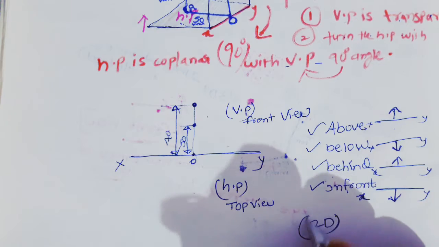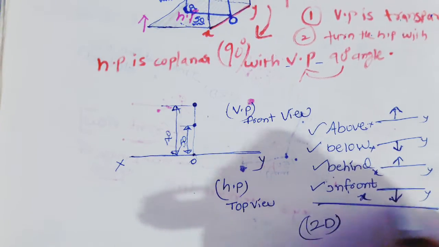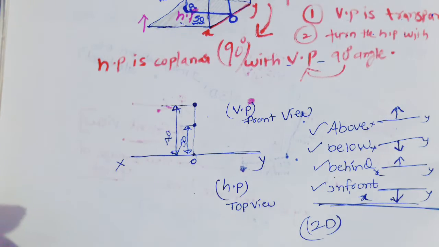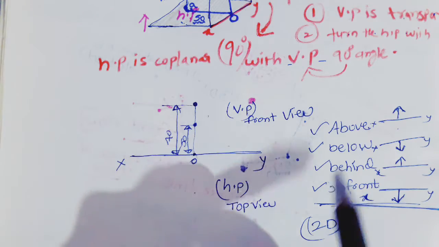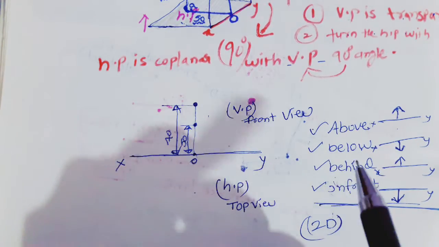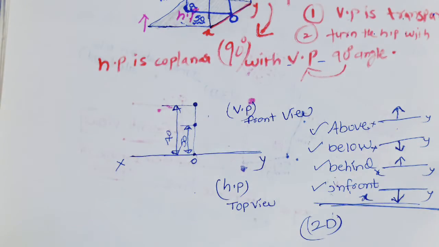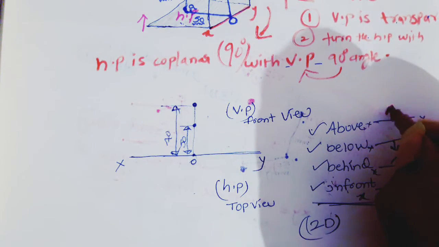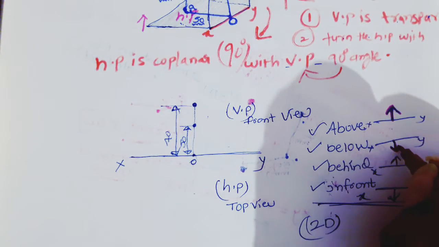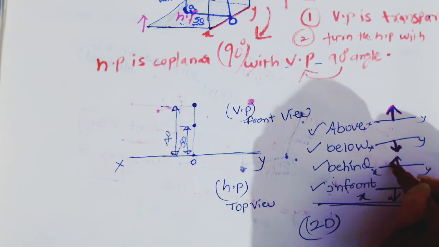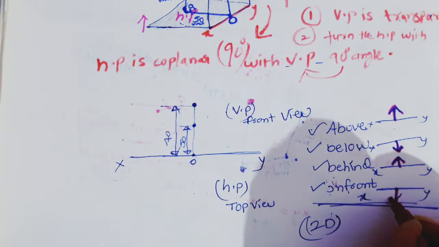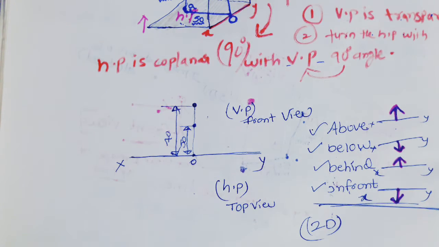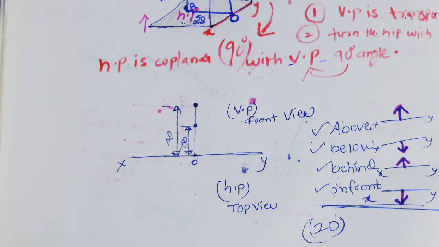In 2D we follow these simple blind solutions. If you do not get the imagination in 3D, just follow these. Above is above, below is below, behind is above the XY reference line, in front is below the XY line. These are the conditions you must follow.